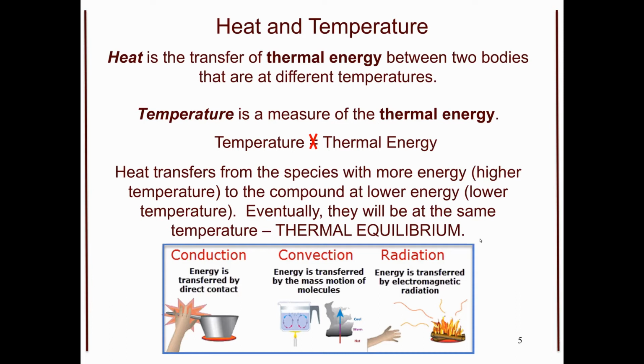Yes, we can say, oh, that's cold, or we could say, oh, it's at 40 degrees, but 40 degrees does not mean that it has a certain amount of Kelvin. This is important that you separate these two ideas and that we work very diligently on understanding when we are talking about heat, when we are describing heat using temperature, and when we are going to calculate heat using our standard unit of joules.